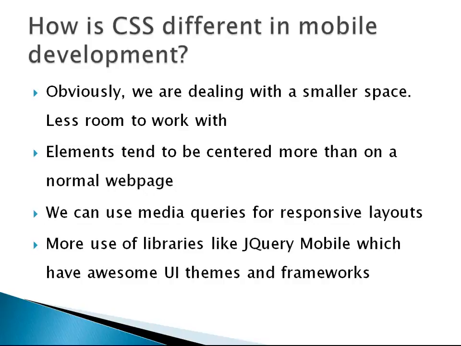We can use media queries for responsive layouts, which I'll show you in a second. So we can basically have certain CSS rules for a certain width of the screen. So if we open a browser and we drag it and make it smaller, the template or the website will actually become smaller with it, and it'll have different types of layouts according to the size of the screen.